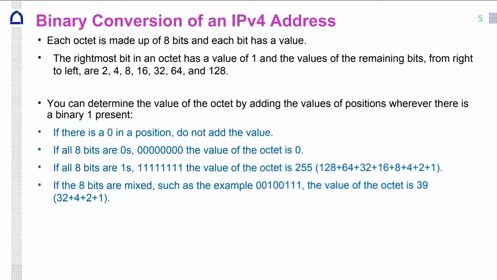Now let me ask you a question. 1, 1, 1 in binary is equal to what in decimal? Take your time. Yeah, 7. 1 plus 2 plus 4. What about 1, 1, 1, 1? Just write it.